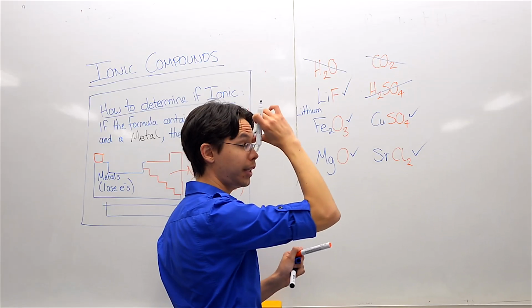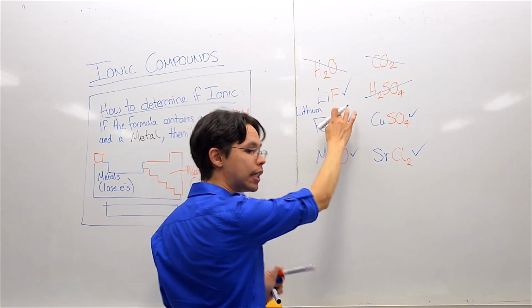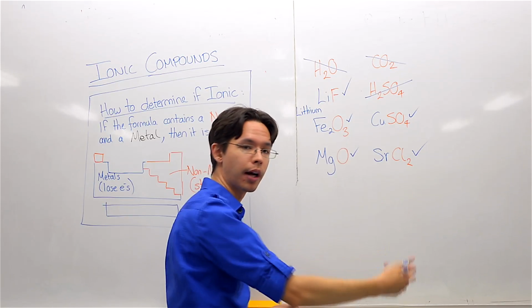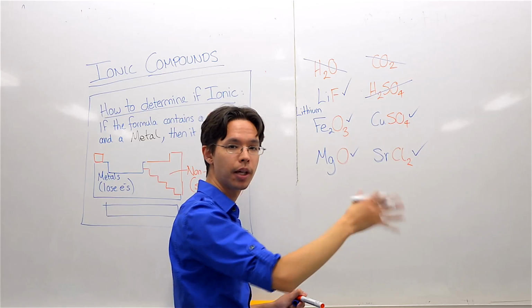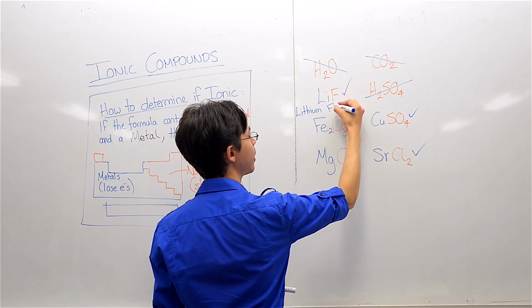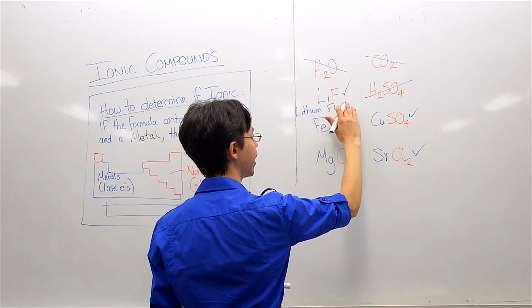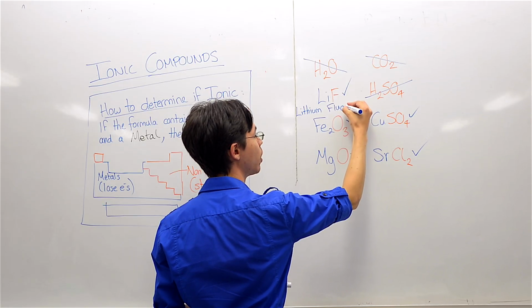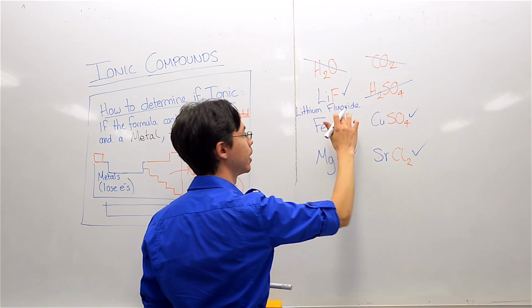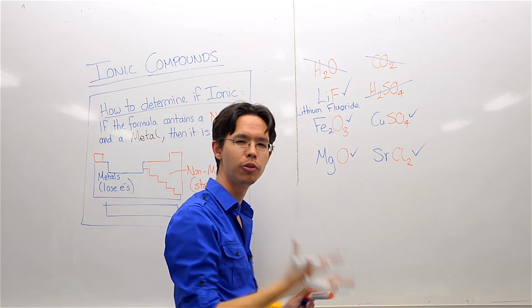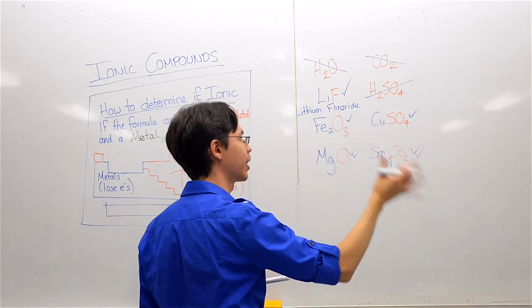So, if its name is normally fluorine, it'll change to fluoride because the last part of the name changes. So it's lithium fluoride. Whoops, F-L-U-O-R-I-D-E. It's one of those weird ones. It's like the flu plus an O, and then you add the rest.